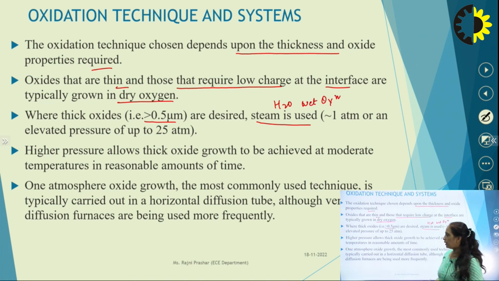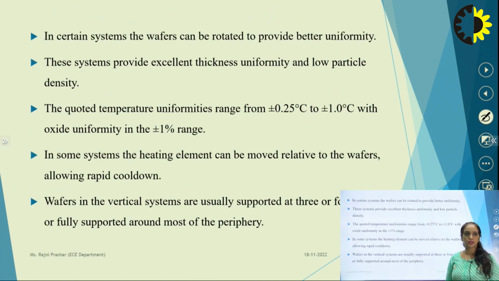Okay, higher pressure allows the thick oxide to be achieved at moderately high temperature in a reasonable amount of time. And 1 atmosphere oxide growth, the most commonly used technique, is typically carried out in the horizontal diffusion tube, although vertical diffusion furnaces are more useful in today's time.